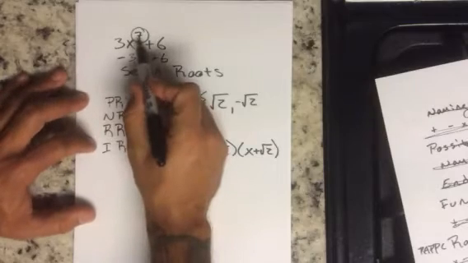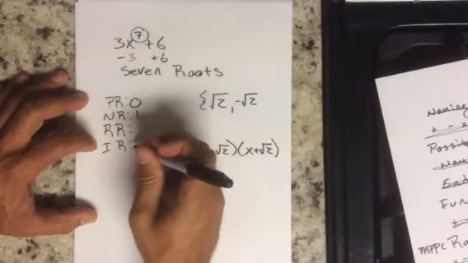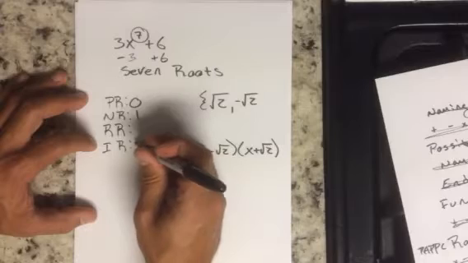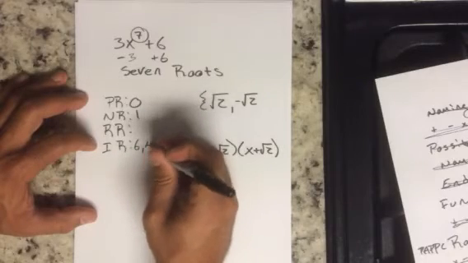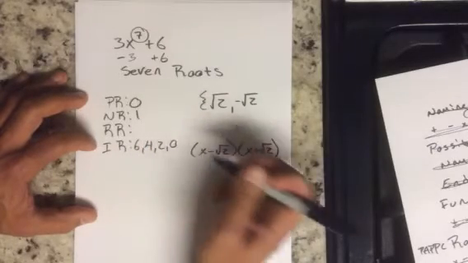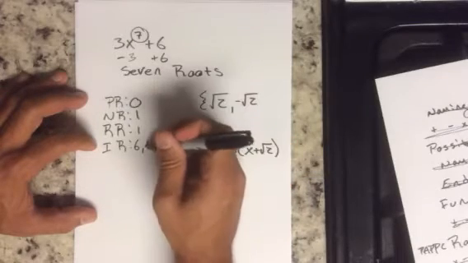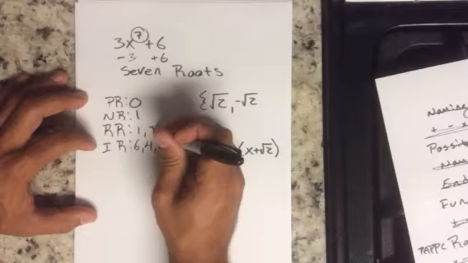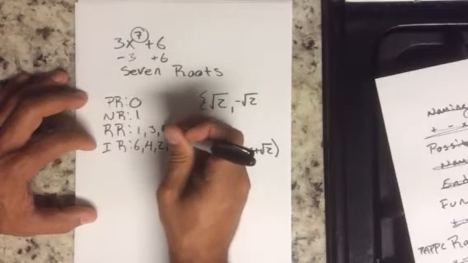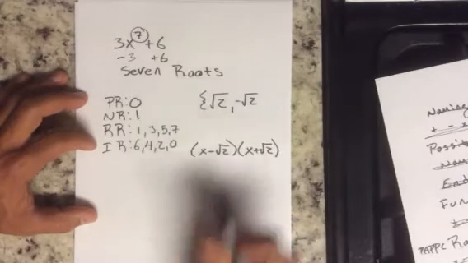Imaginaries, the closest even number to this is 6. So I could have 6 or 4 or 2 or 0. If I have 6 imaginaries, I have to have 1 real. If I have 4 imaginaries, I have to have 3 reals. 2 imaginaries, I have to have 5. And 0, I have to have 7.